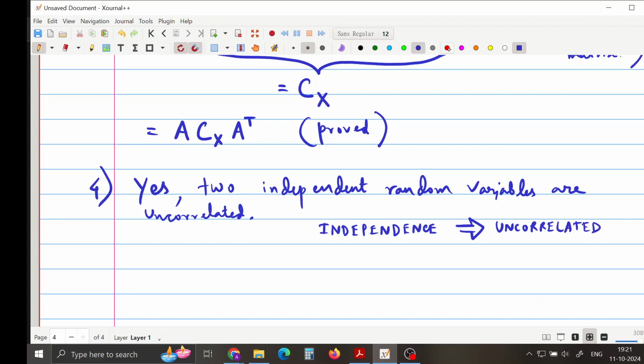But uncorrelated not necessarily implies independence.